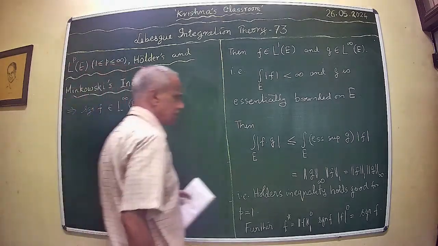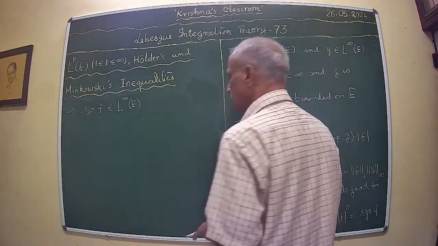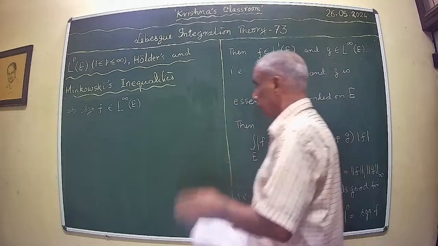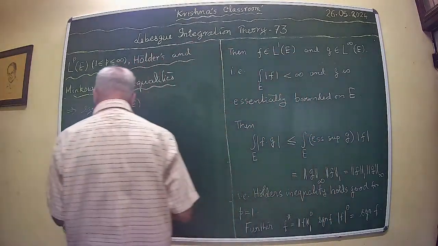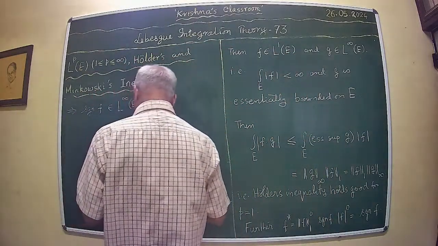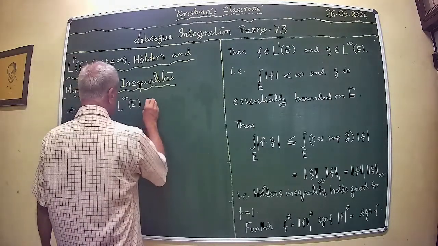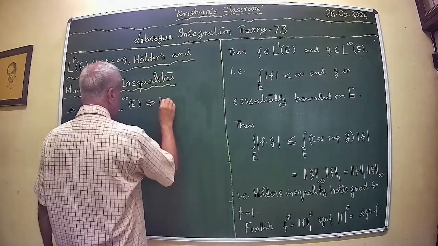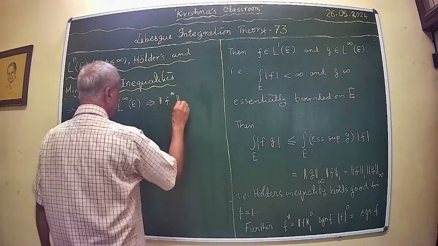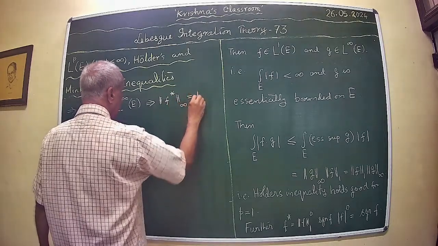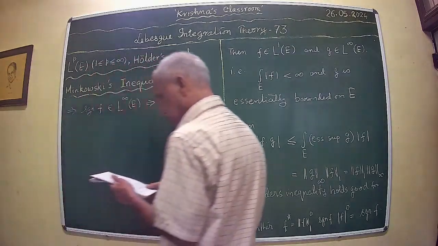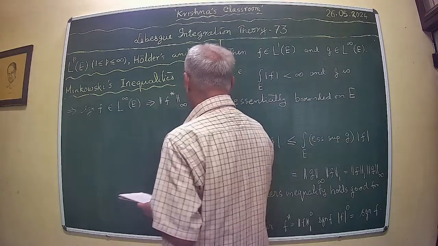This is either plus 1 or minus 1, so its absolute value is bounded by 1, and therefore its norm is equal to 1.